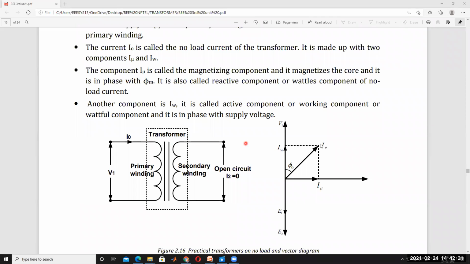Understood? So I2 equal to 0 means only I naught, with its components IW and IMU, the magnetizing component and wattful component. The resultant angle between V1 and I naught is called phi naught, the no load power factor angle.